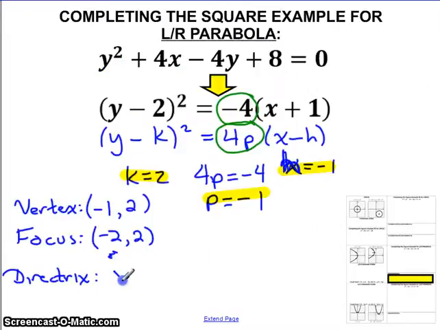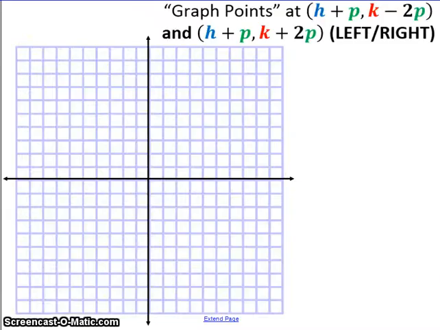So this is going to be x equals h minus p. So -1 minus -1 gives us x equals 0. How do we use these three things to graph the parabola? Let's go to the graph here, and we can pretty easily plot the vertex. This is going to be at -1, 2.